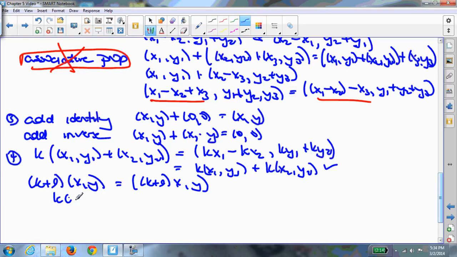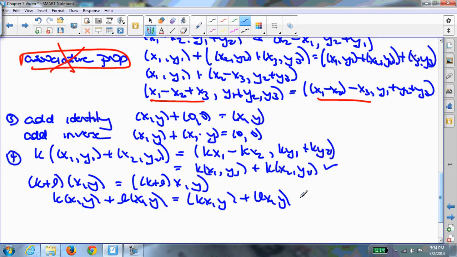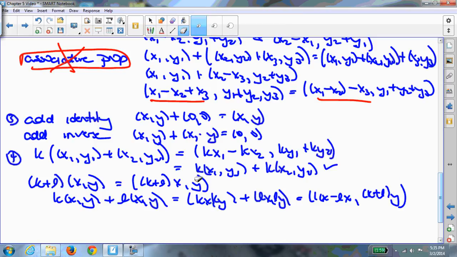But if I do k(x, y) plus l(x, y), I get kx comma ky plus lx comma ly, and then in subtracting, I get kx minus lx comma ky plus ly.